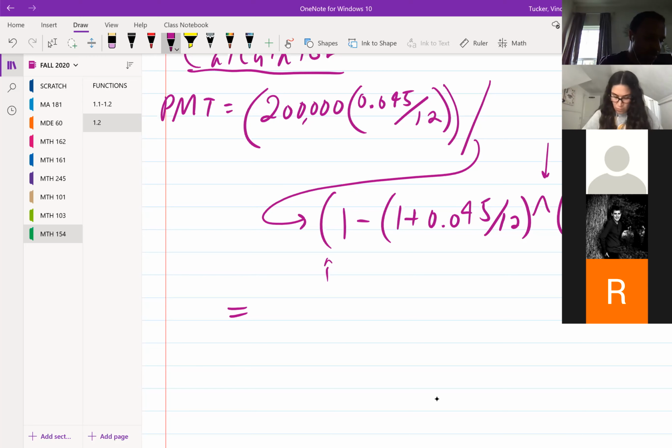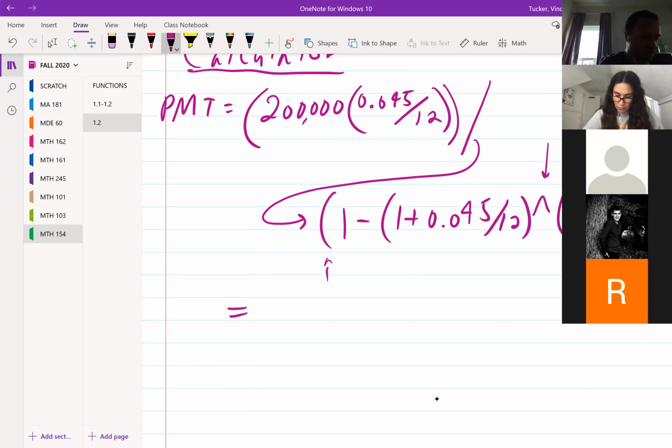And it's divided by 12. Sorry about this. I was doing it organically in front of you and didn't think about this formula taking this long to plug in.